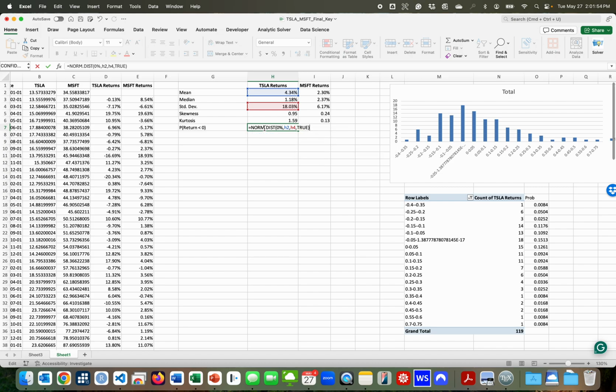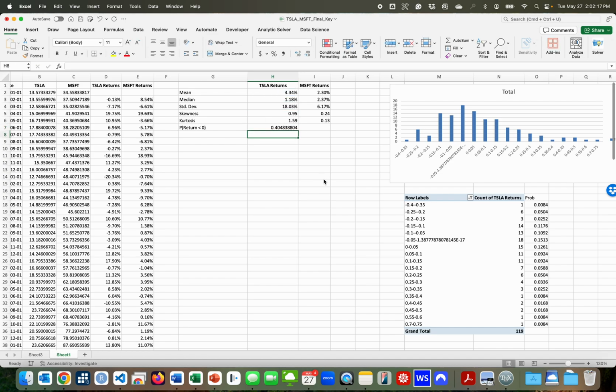So anytime you're working with a norm.dist function, always use the true option there, so it returns a cumulative probability. And this is going to tell us the probability of observing a value that's less than 0 when the mean is 4.34% and the standard deviation is 18.03%.